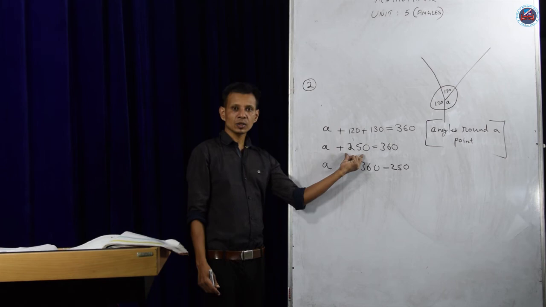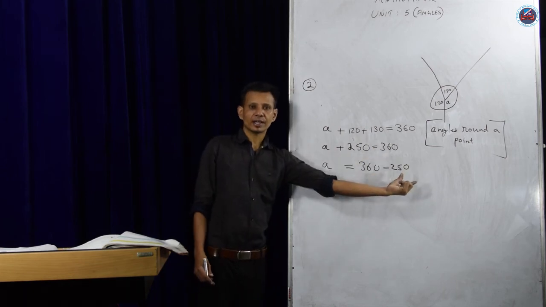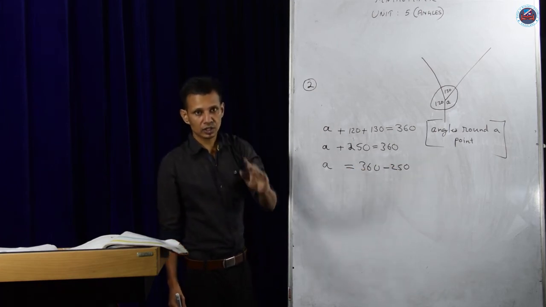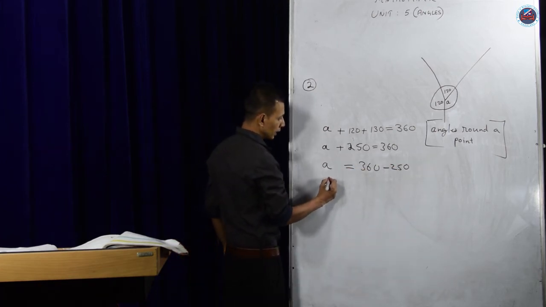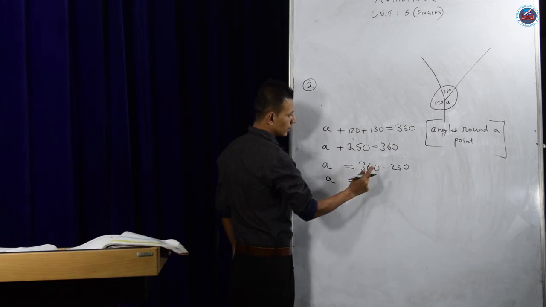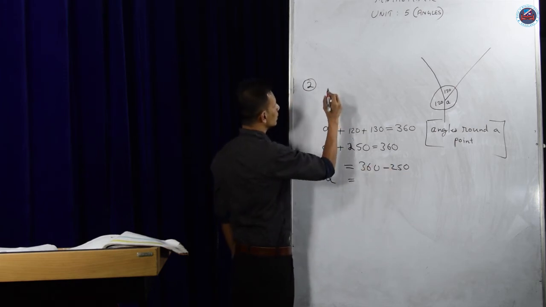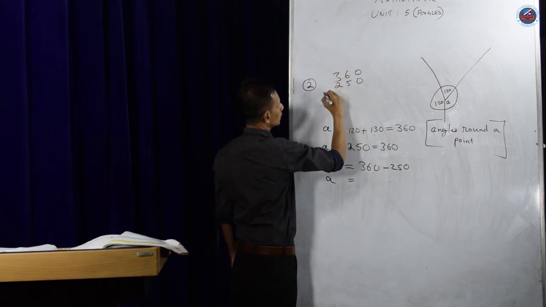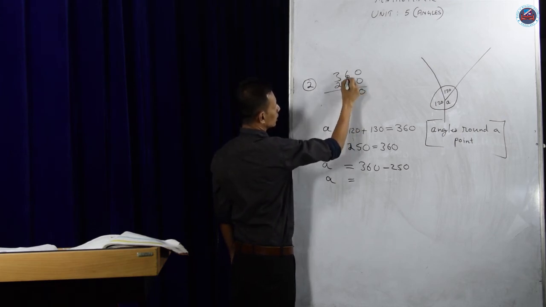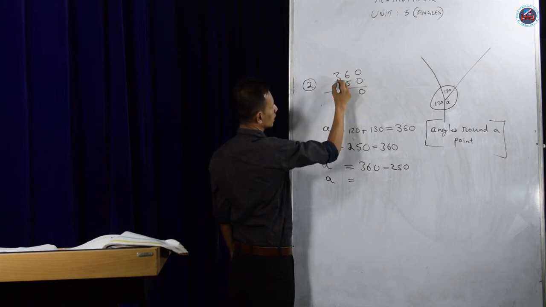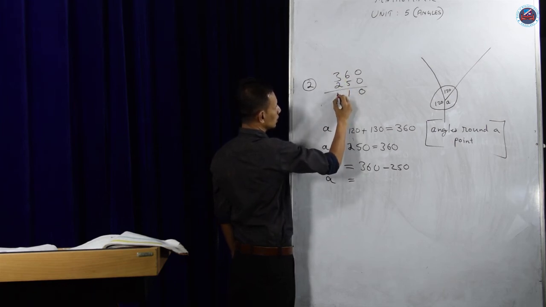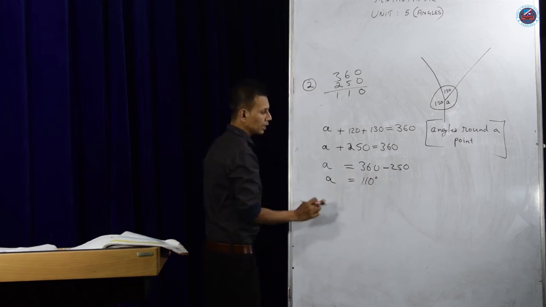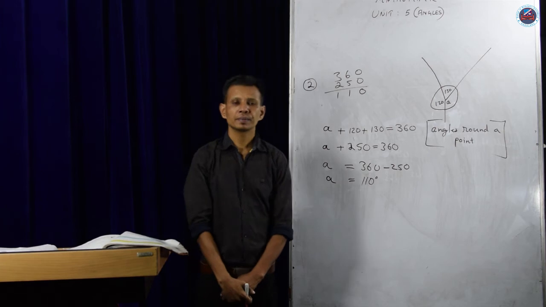Because it was on the left hand side, I took it to the right hand side. I changed the side, so nothing will change, only the sign will change. I told you, right? A equals 360 minus 250. 0 minus 0, 0. 6 minus 5, 1. 3 minus 2, 1. You got 110 degrees. A you got 110 degrees.